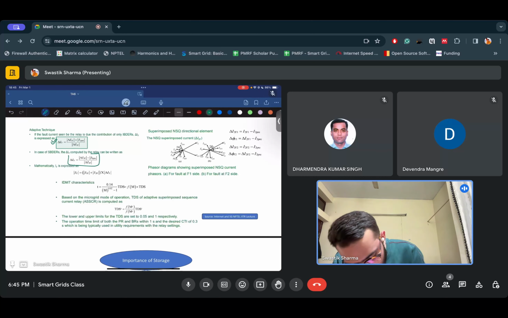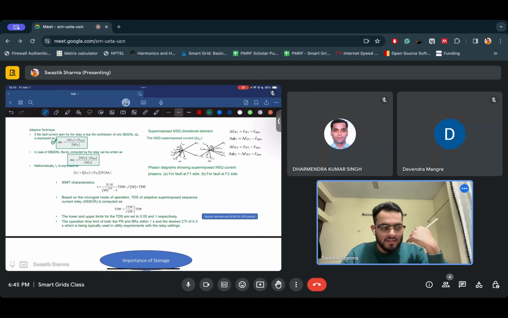For SBDRs, because the fault component is huge, it's 5 times the rated current, you subtract it so that both the indexes are on the same level. And if these are on the same level, what would happen? The relay doesn't have to focus on the kind of current inrush coming towards it. It would only focus on the index that it's given, right?